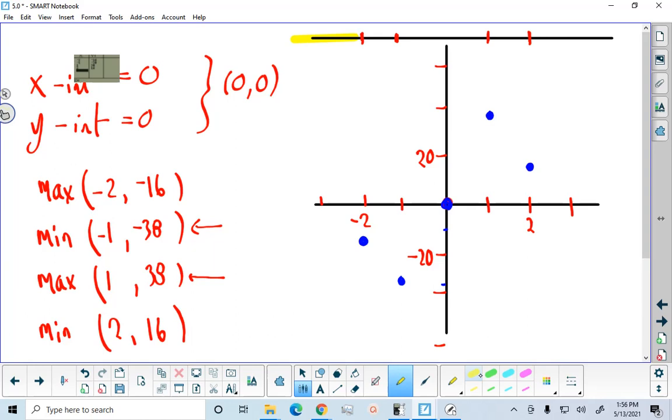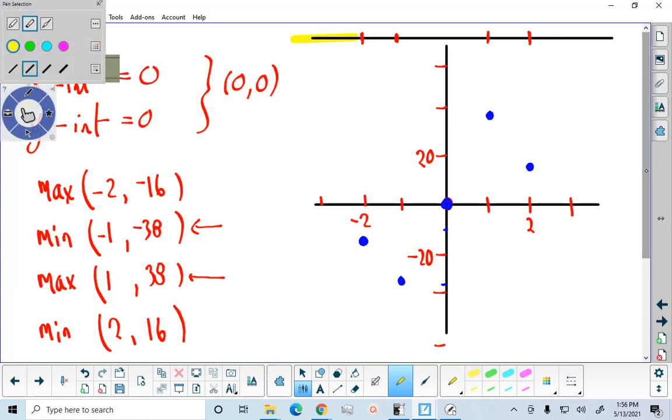Going up, it's rising, it's going up, it's increasing. So what we do here, or what I do anyway, is above that line, I draw a whole bunch of arrows that are going up.